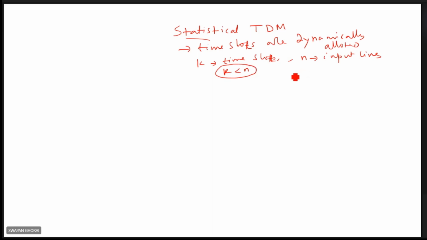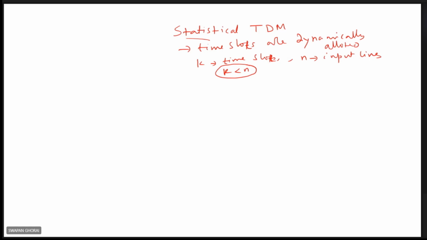So what does the multiplexer do here in statistical TDM? The multiplexer checks each input line in a round robin fashion. If an input line has data to send, then a slot is allocated to that particular line. But it will not allocate a time slot if the line is not sending data.